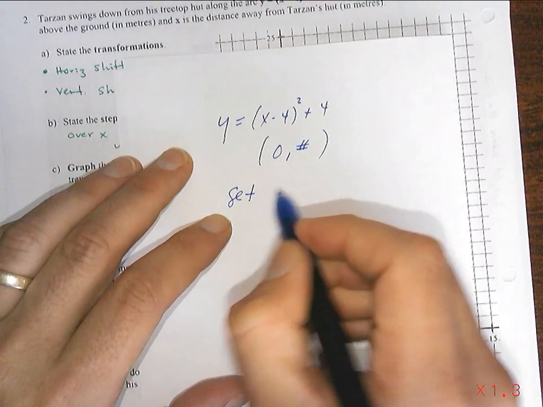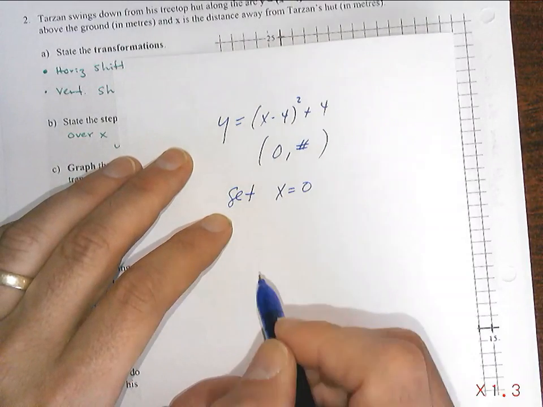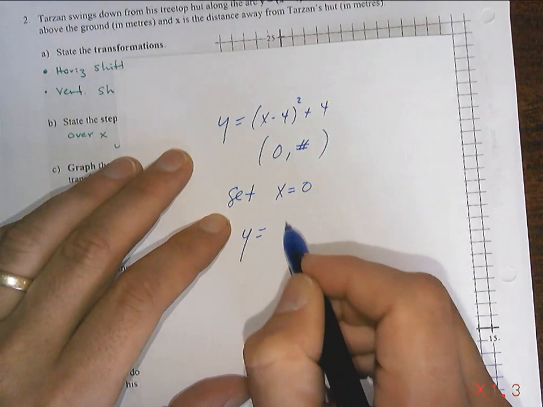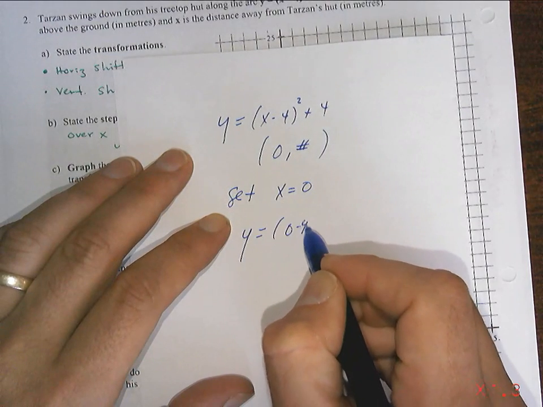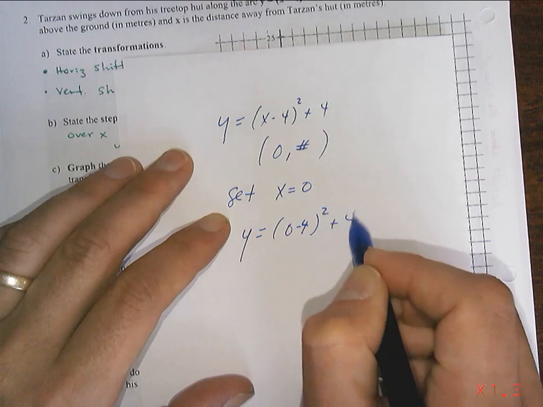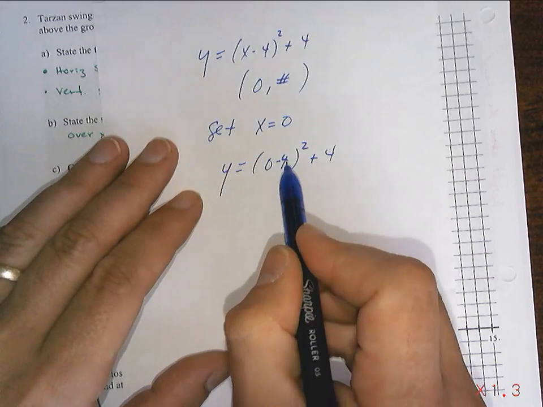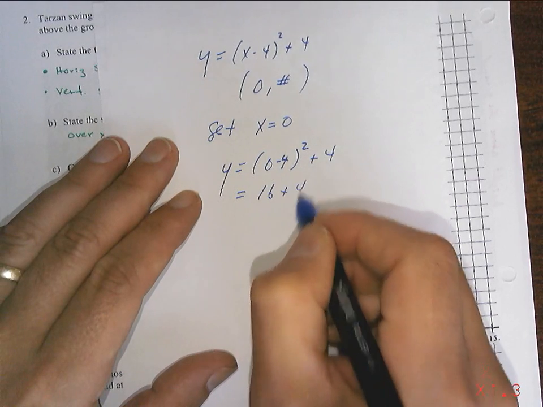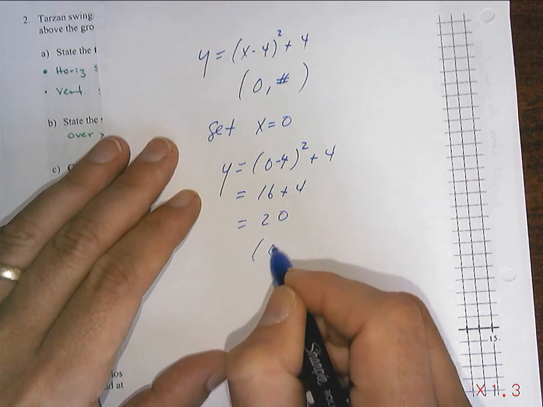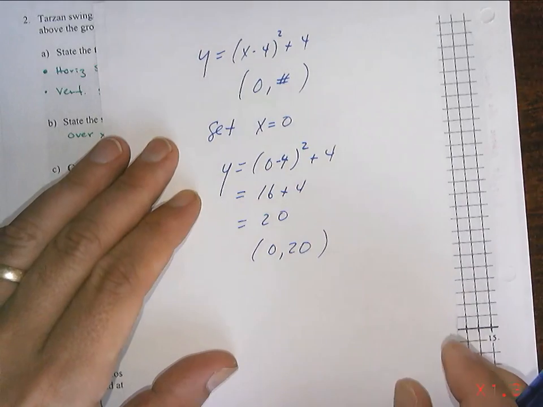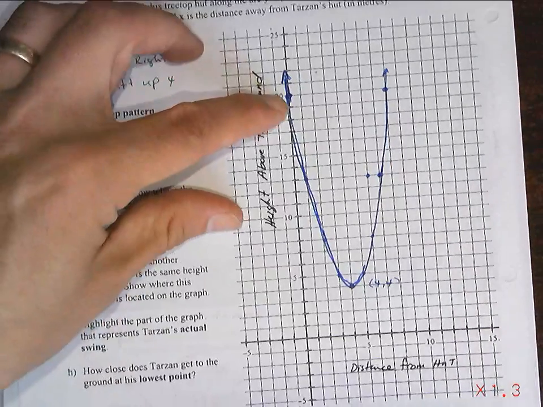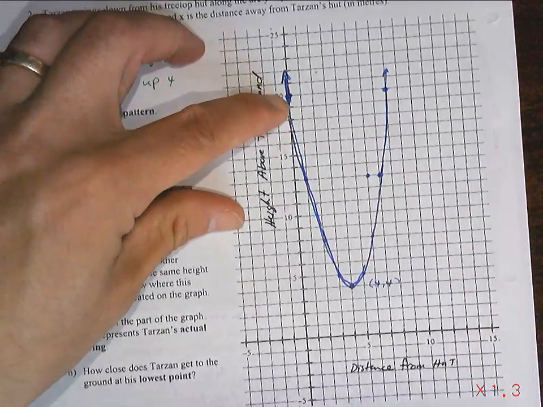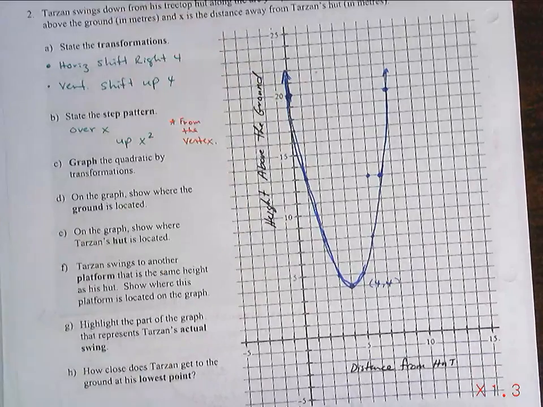That's why you see me sometimes say set x equal to 0. What that means is you get 0 minus 4, squared, plus 4. Minus 4 squared is 16. Plus 4 is 20, which means that the y-intercept is 0, 20, which is what we had here. Your choice how you do it. In fact, you should be able to do both.